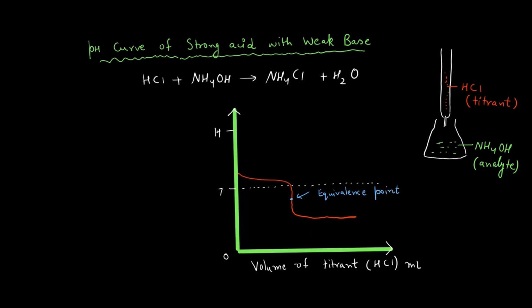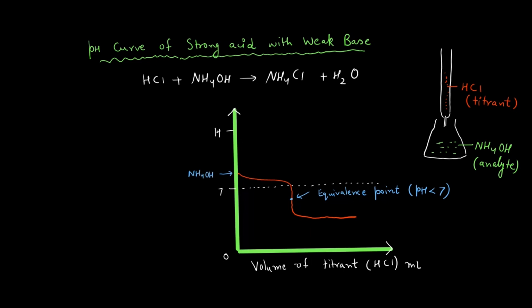Okay, so the equivalence point is at pH less than 7, and this curve intersects the y-axis, and that pH is the pH of the ammonium hydroxide.